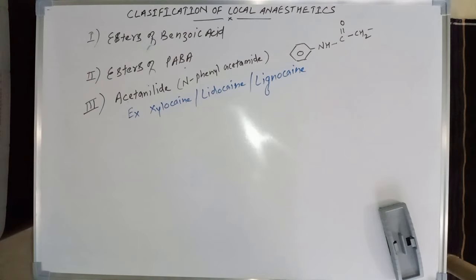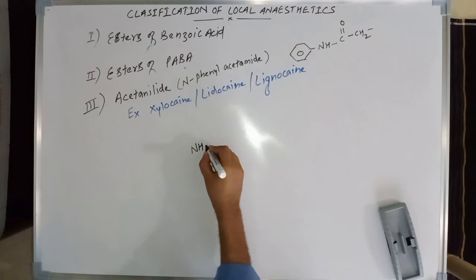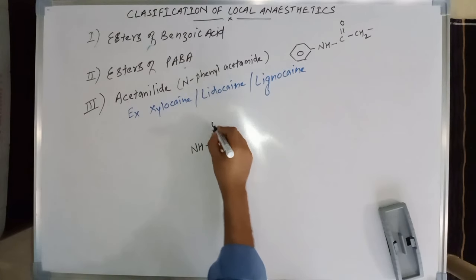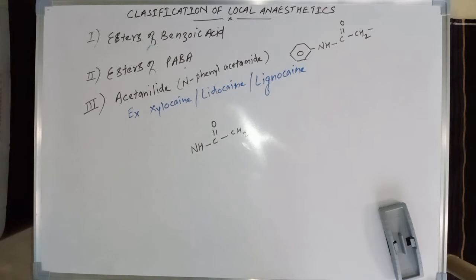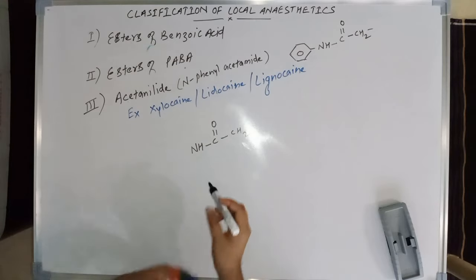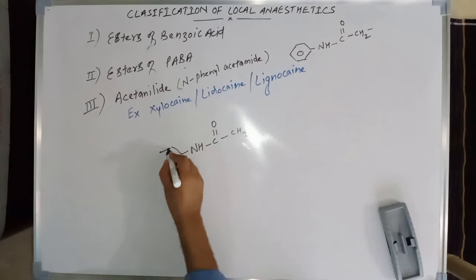Let's see the structure. First of all, xylocaine comes under the class acetanilide, so first we draw the structure of acetanilide: NH, C double bond O, CH2, and on N here, phenyl.